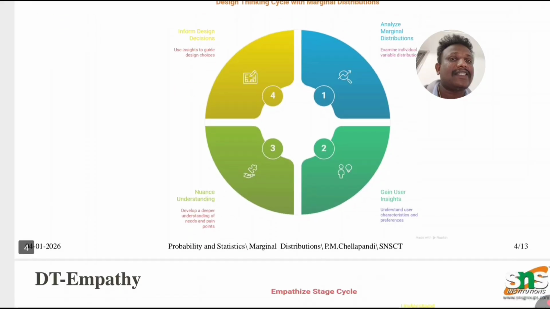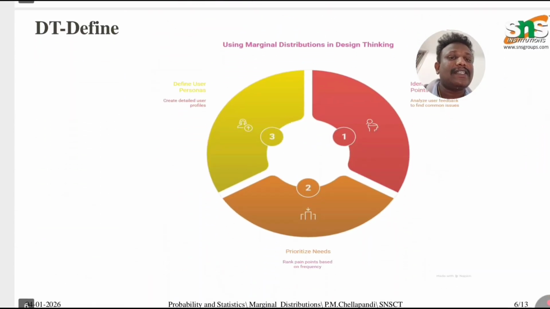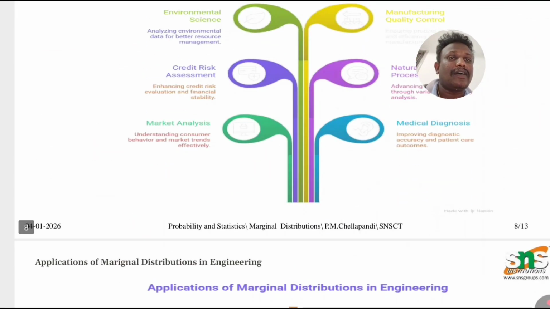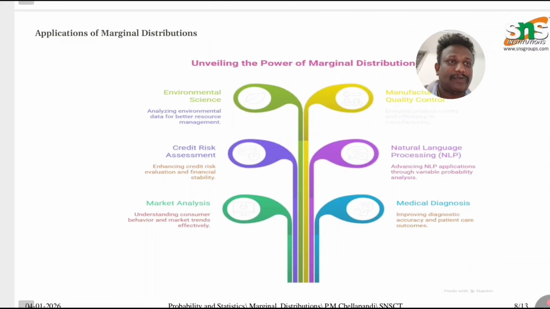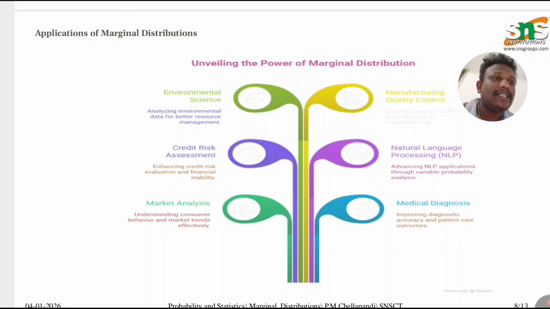Next, let us discuss the application of the marginal distribution. That is very important. It is mainly used in four sections, right? The first one is data analysis, the second one is statistics, the fourth one is machine learning, and the fifth one is business analytics. In these sections, the marginal distribution's contribution is widely used, right?